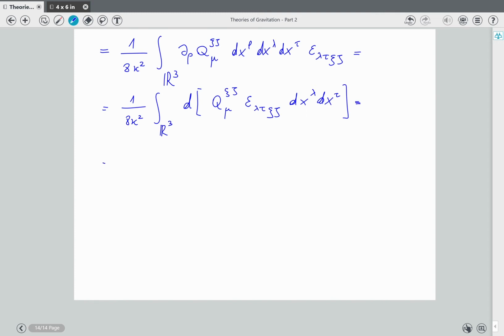Well, then we give a name to this form and write 1 over kappa squared integral of the total derivative of the 2 form q mu, which is defined as 1 over 8 q mu psi zeta epsilon lambda tau psi zeta dx lambda dx tau.